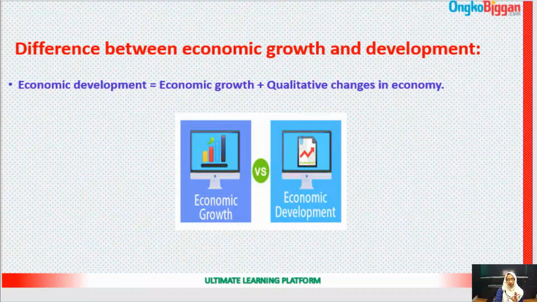Whenever we make a difference between economic growth and development, the Nobel laureate economist Amartya Sen describes economic growth as one aspect of the process of economic development. Economic growth is just one aspect, an element or component, of economic development.